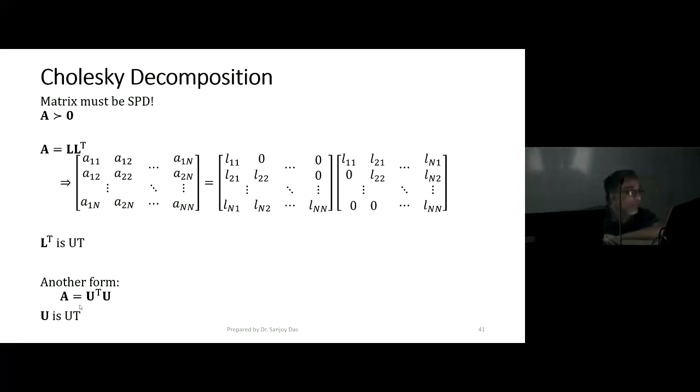If you just say chol of A, then it will return U such that U transpose U equals A. You have to pass a second argument, lower, and then it will return L. So this is an alternate form of Cholesky decomposition, decomposing A into an upper triangular matrix transpose times upper triangular, which is again a form of LU decomposition, because U transpose is lower triangular.